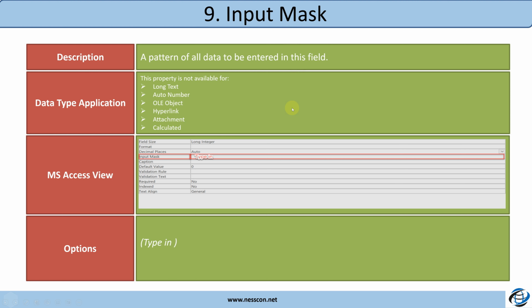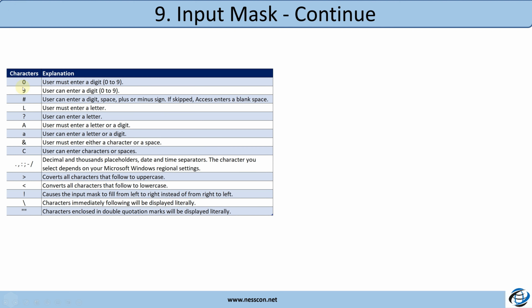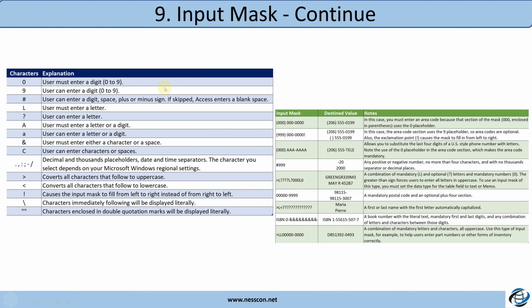But before going to Access and use this property, I want to have a look on this table. This table shows us some standard characters, and it has some explanation. In order to create an input mask, you can only use these characters which are available over here to create a certain input mask. So for example, here are some examples. Say you want to create an input mask like this.